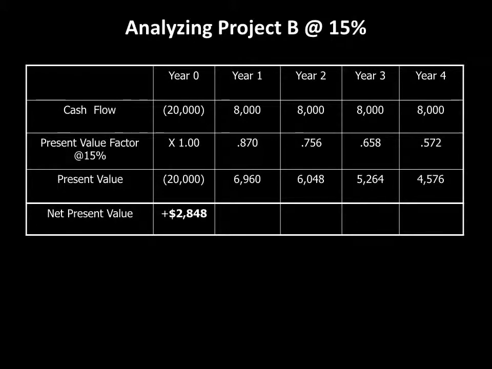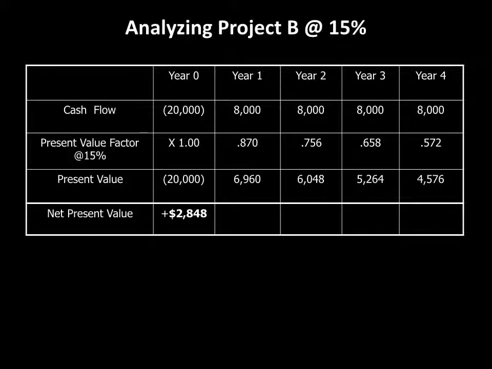But for the most part, for instance, in year 1, let me step back. We're taking 1 divided by 1 plus the interest rate to the first power, where the first power is n, which equals the year. So we'll take 1 divided by 1.15 to the first. That converts to 0.870.